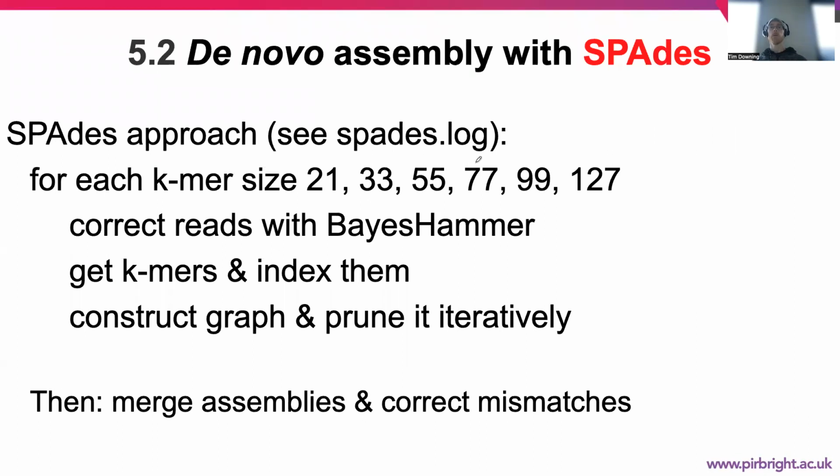So with the SPAdes approach, you can look at your log file in the output when you run it. What it's doing basically is using, by default, a set of k-mer values to perform the de novo assembly. Those k-mers have different sizes, and these are the detailed options. It's probably best to go with the default for your assemblies unless you have something particularly peculiar.